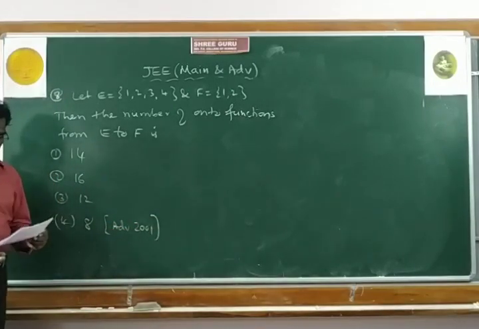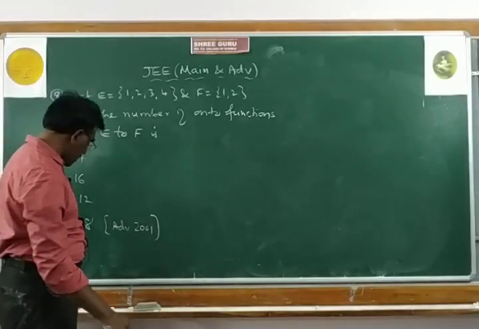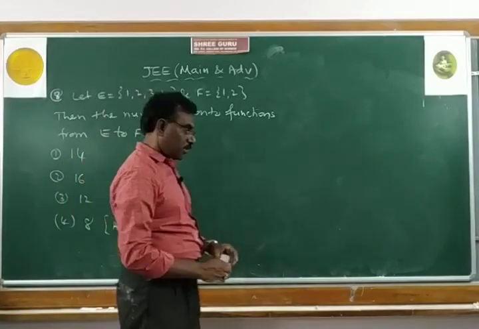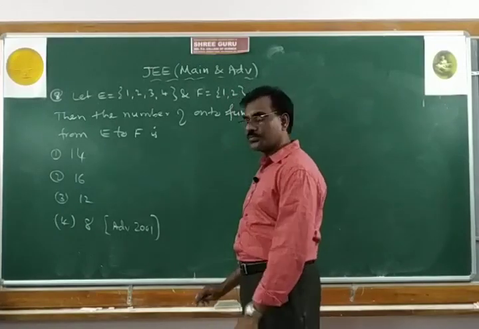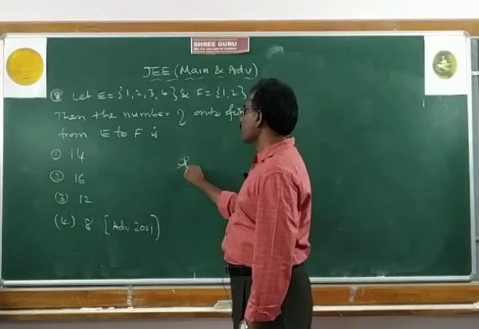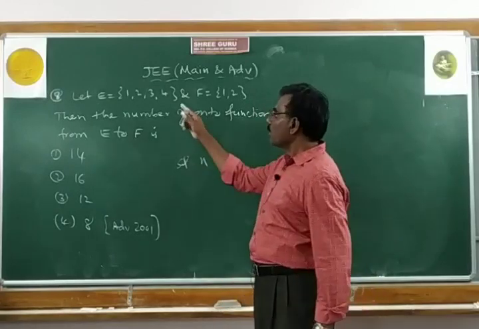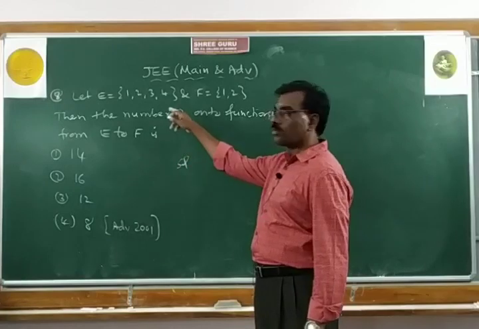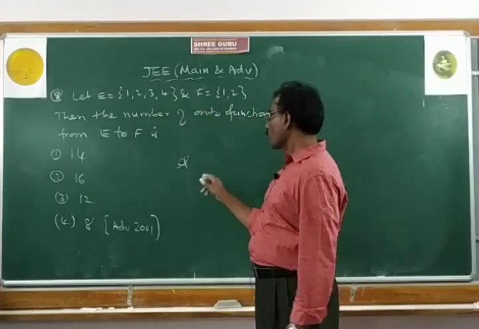He asked one more question. Already one question is over, and here he asked two questions on functions. He is asking onto functions. What is the question? Onto. Right, the solution is very simple. What is n of E? n of E means the total number of elements of E is 4, and elements of F is 2.